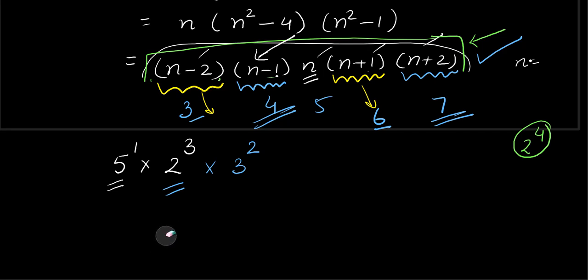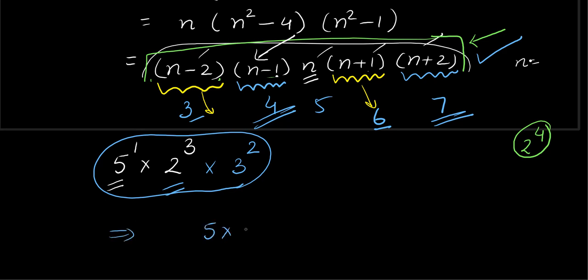Apart from that, whatever non-zero number you are considering, all those numbers are definitely of this type, or a multiple of this. Now, because all the numbers are multiples of this, then 100% I can say that all the numbers will be divisible by this one. Now let us see what we are getting.